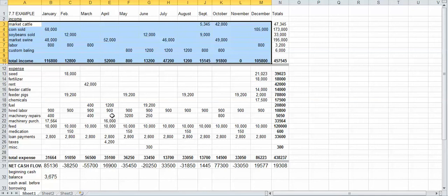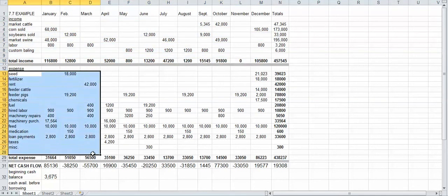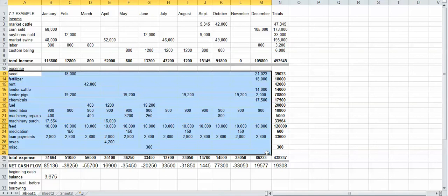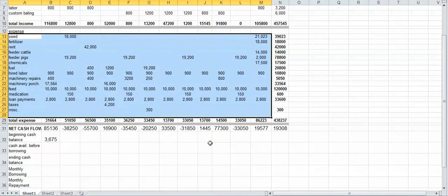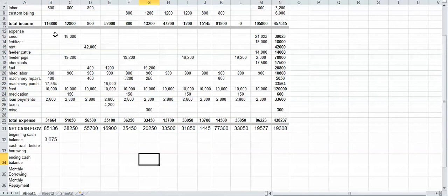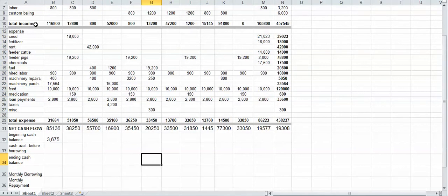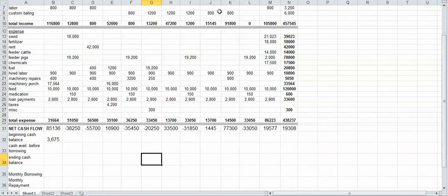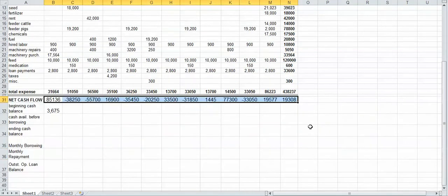This particular cash flow summary is broken into individual months, and then also looking at expenses for each month. The reason for doing that is after we figure out the incomes and expenses for each individual month, we can look at net cash flows for each and every month.